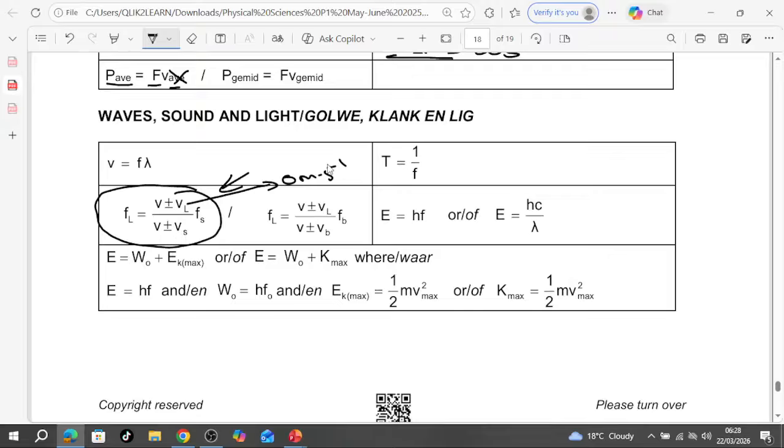Now let's talk about the source. The source is moving towards the observer. Since the source is moving towards the observer, the sign for this one will be negative.